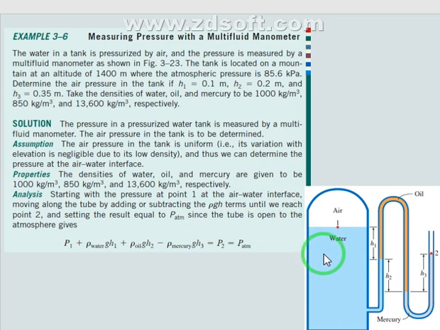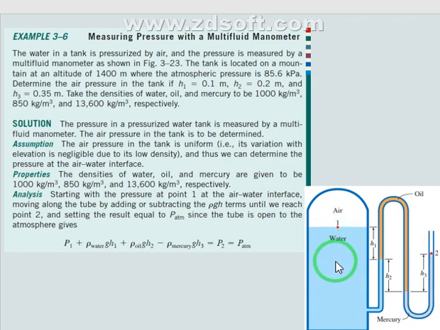Listen carefully. You must start from the left side. So look at this system here. We have water here, then we have oil, then we have mercury. What I need to know, as an example, is the difference between pressure 1 and pressure 2, or I need to know pressure 1.